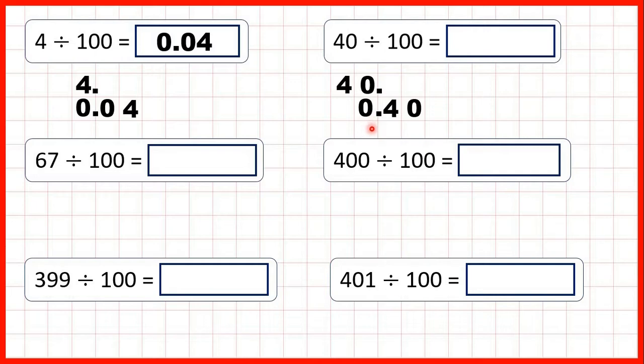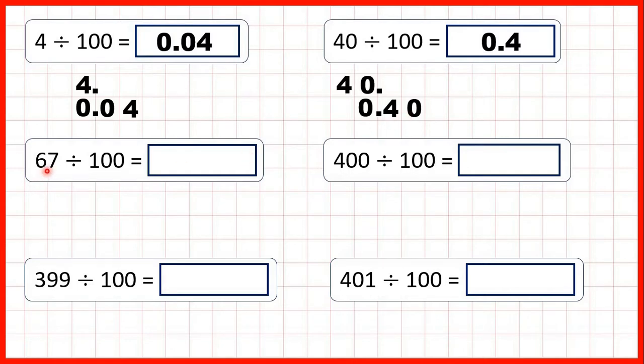So that gives us 0.40, but we don't need this 0 in our hundredths column, because 0.40 is the same as 0.4. All this 0 here tells us is that we don't have any hundredths, so we can ignore zeros if they're on the end of decimals.